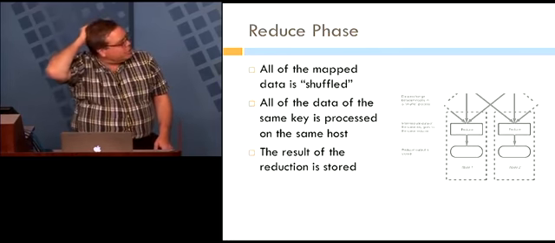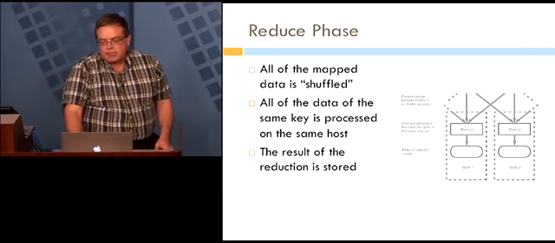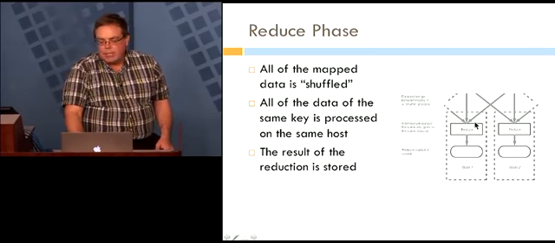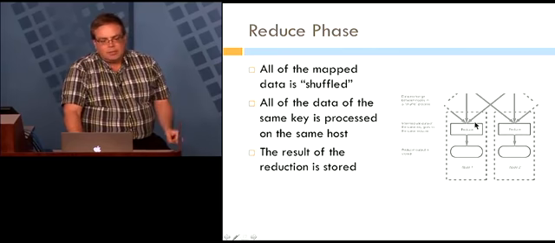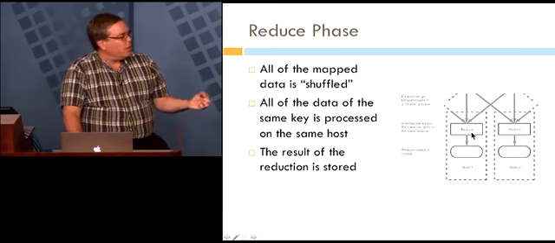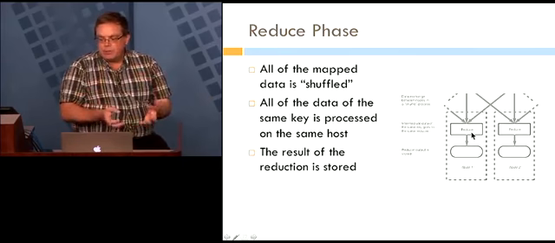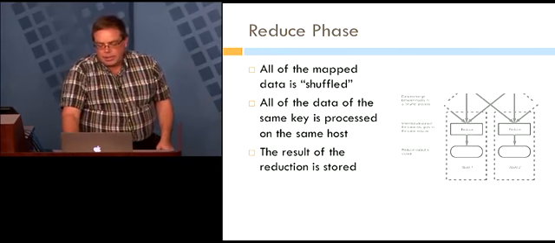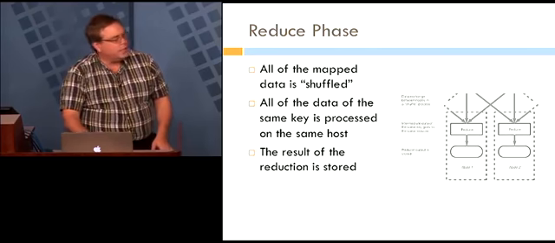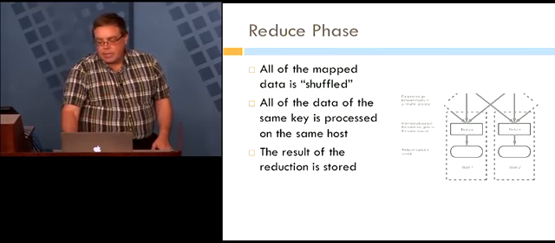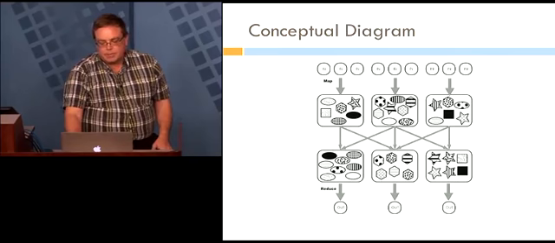Then the data is shuffled, so that all the keys for a given type of data are at one node, and it can then be reduced at that point. And then this is stored in the data set for that particular node.